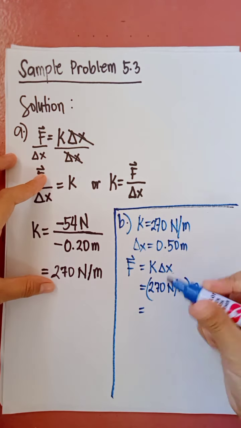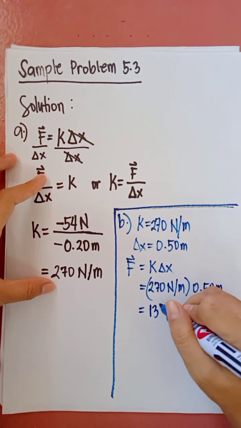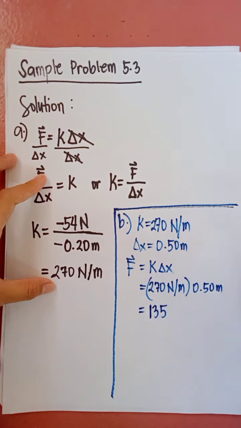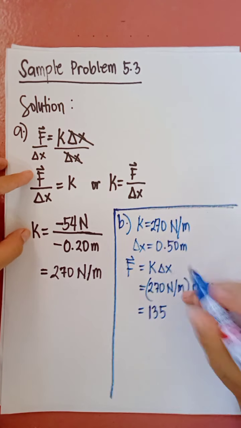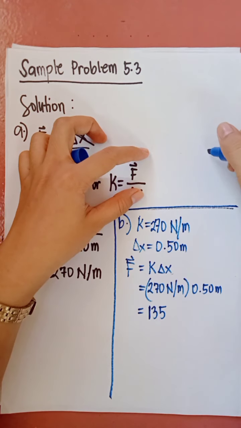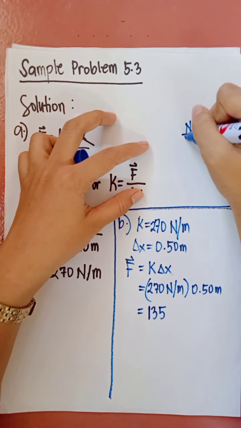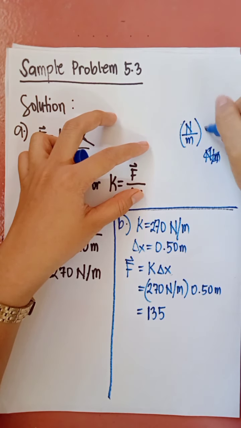As for the unit, I will just solve it here on top. So if you multiply newton per meter with another meter, that would be newton meter over meter, cancel.